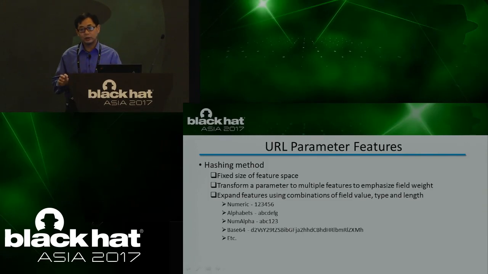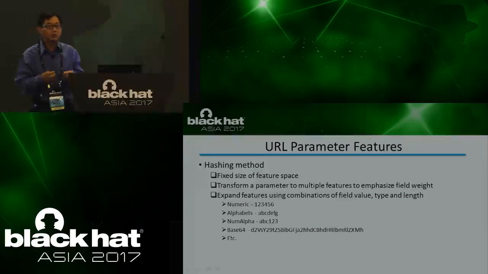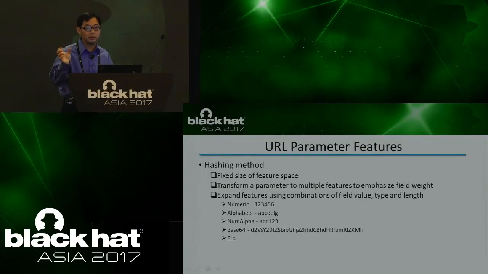For these features, we use a combination of its actual value and the type plus the length. For example, if it's a number, we call it numeric. If it's pure letters, we call it alphabet. If it's mixed, we call it num alpha. We also have some encodings, base 32, base 64. So it basically tells what type this text is.